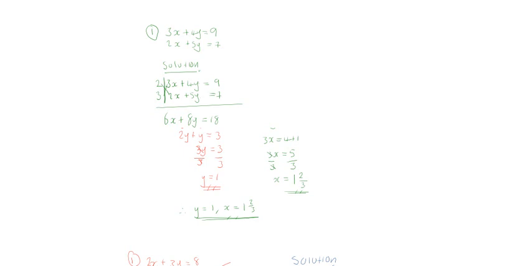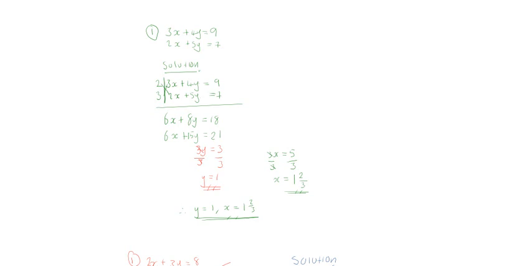So 3 multiplied by 2x will give us 6x plus 3 multiplied by 5y will give us 15y. Okay. 3 multiplied by 7 will give us 21.